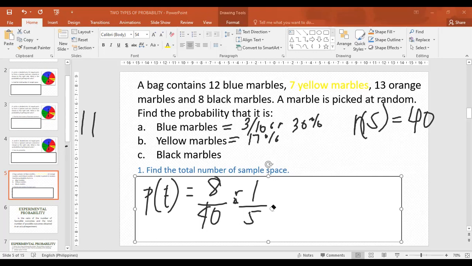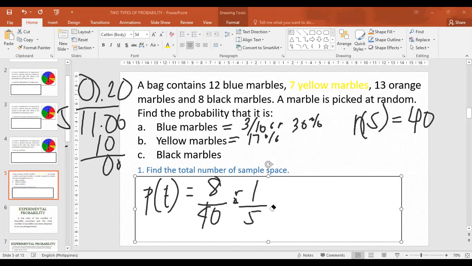So, 1 divided by 5. Yan. So, we have 0.2 or 20%. So, ganyan lang po ang gagawin niyo.